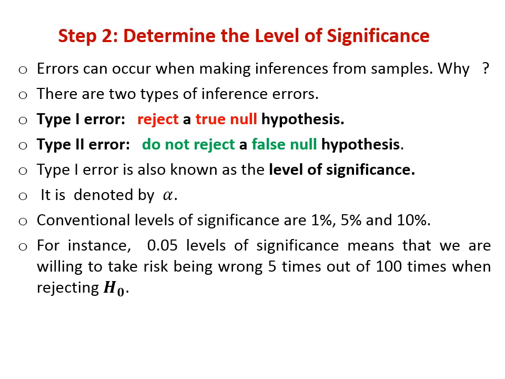There are two types of inference errors, that is type 1 error and type 2 error. In type 1 error, we reject a true null hypothesis, whereas in the type 2 error, we do not reject a false null hypothesis.